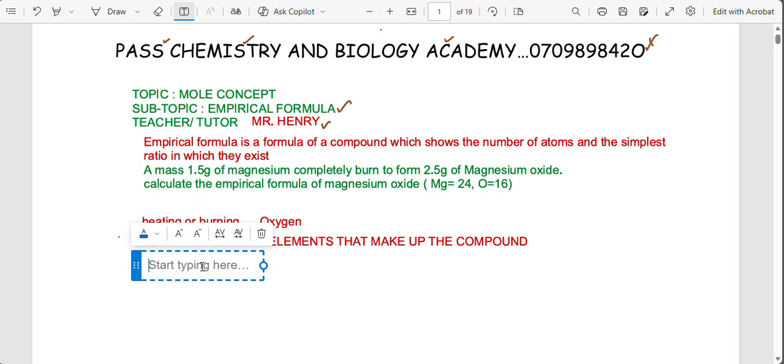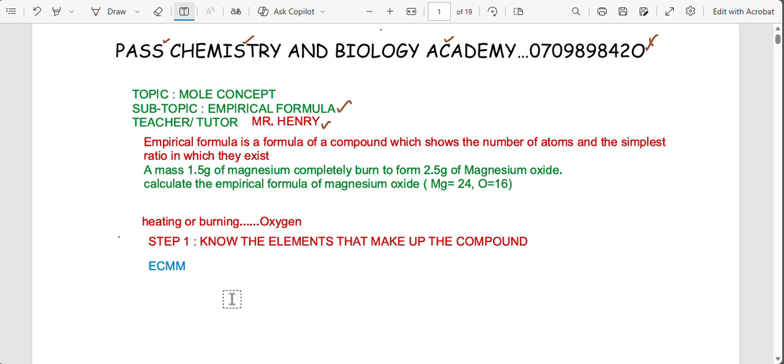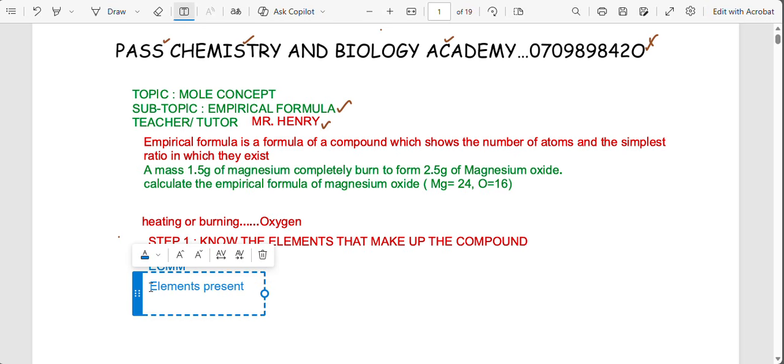However, we have a formula that we follow for us to remember when we are calculating the empirical formula. The formula goes E C M squared, or what I can say ECMM, where E stands for elements present, C stands for composition, of which this composition can vary.